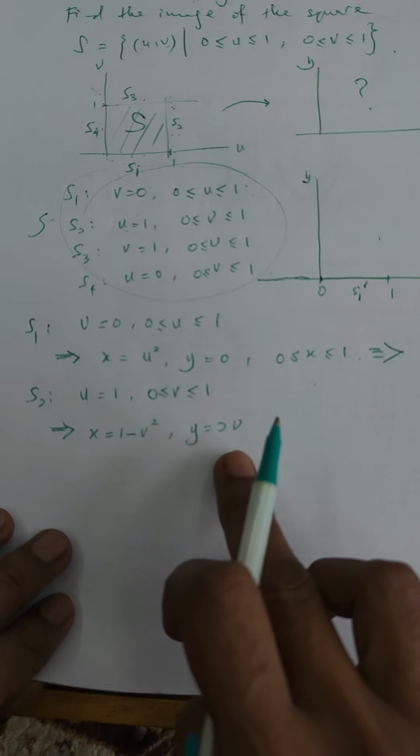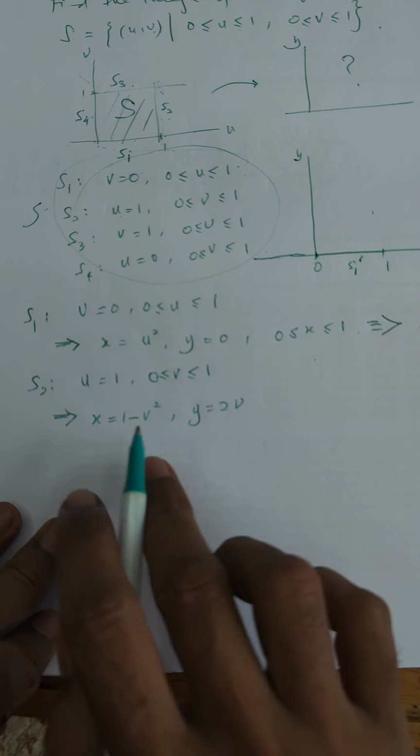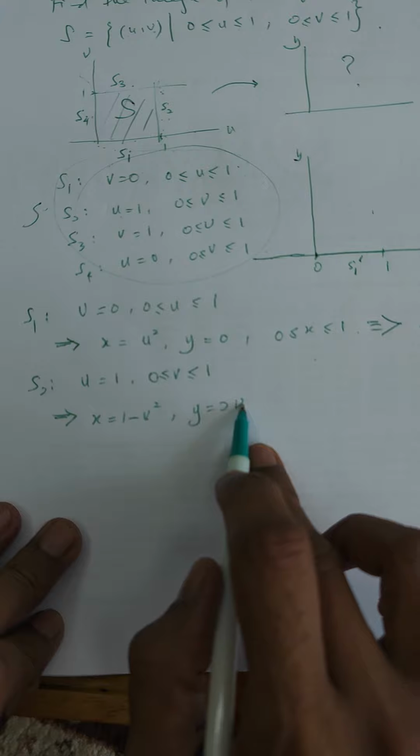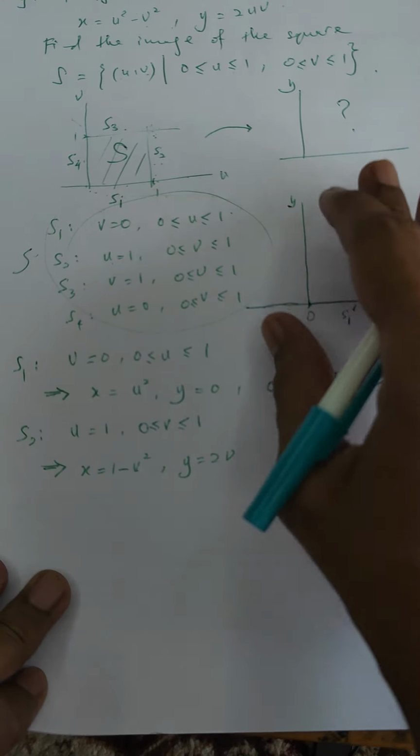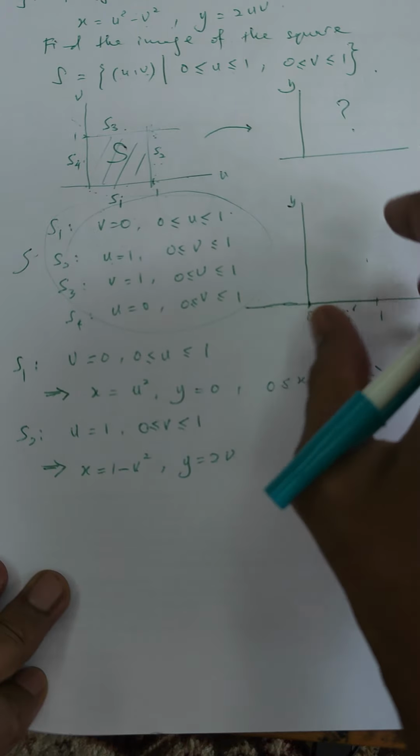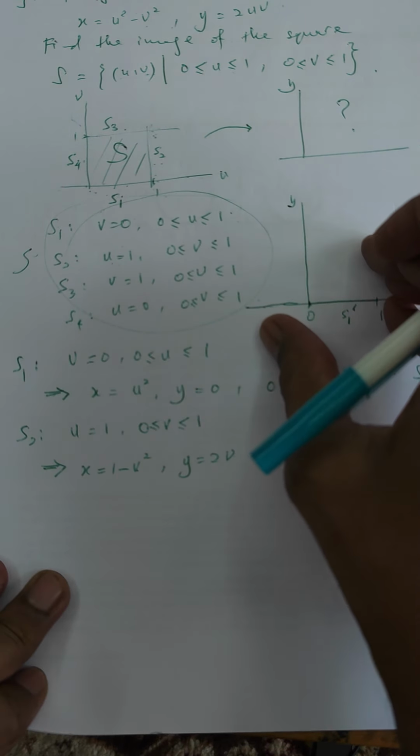Then we need to eliminate V, because here you have V, here you have V. Remember that when we do a transformation to the XY plane, we shouldn't have any UV anymore.